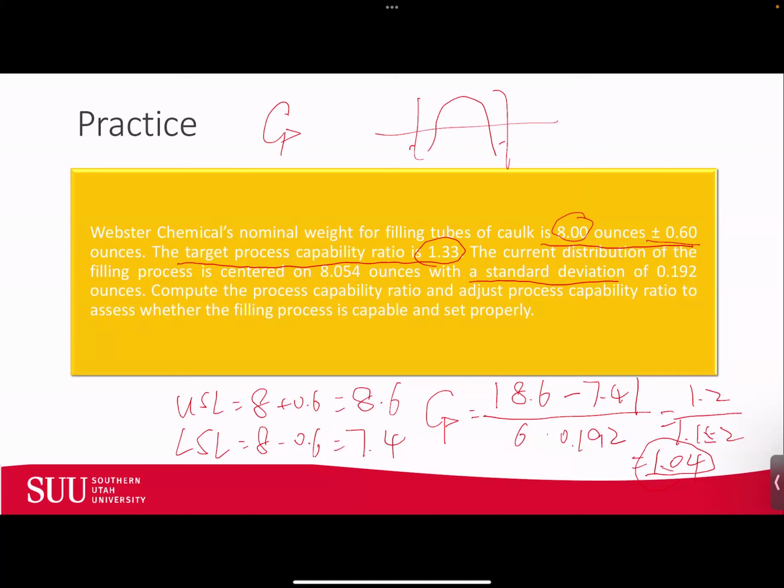Then the variation needs to be reduced. It means 1.33. So if we go back to this problem, even though it's capable, you also need to mention that it doesn't meet your target in terms of process capability.